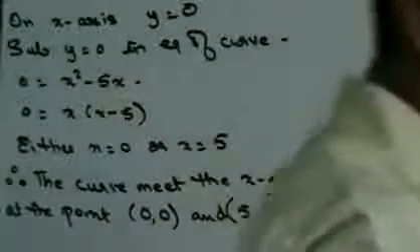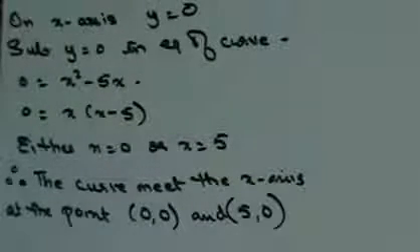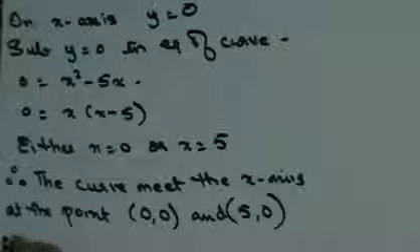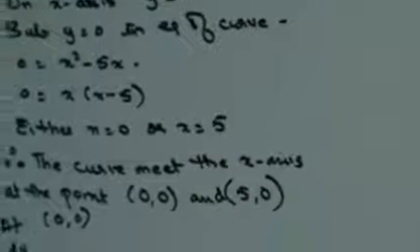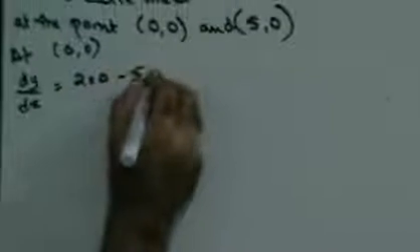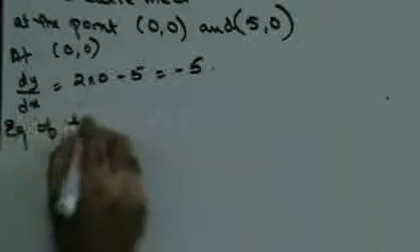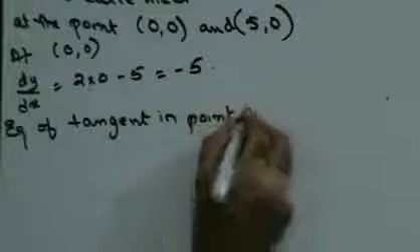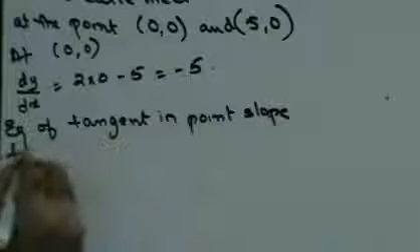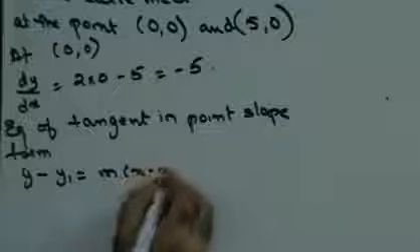Now at 0, 0, what will the slope of the tangent to the curve be? At 0, 0, dy by dx will be nothing but 2 into 0 minus 5, so that will be minus 5. So I know slope, I know point, therefore I can find the equation of tangent in point slope form, y minus y1 is equal to m into x minus x1.